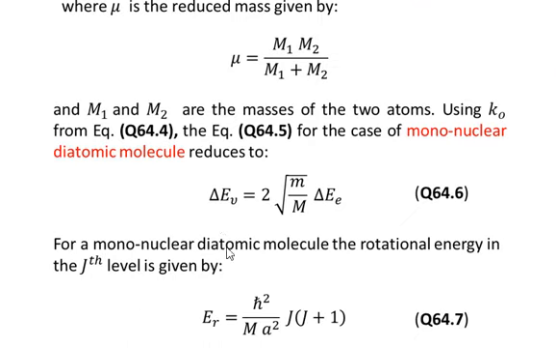We can write the difference in the vibrational energy between two consecutive levels, delta E V, where V is the vibration, is equal to 2 times the square root of small m over capital M multiplied by delta E E, where m is the mass of the electron and capital M is the mass of an atom.